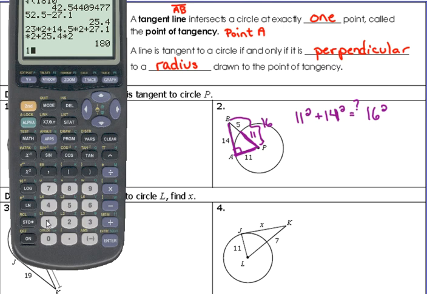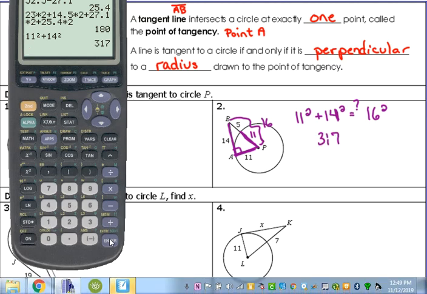Use your calculator. Check. 11 squared plus 14 squared is 317. I don't think that is equal to 16 squared. 16 squared is 256. It is not equal. The Pythagorean theorem does not hold, so that is not a right triangle.